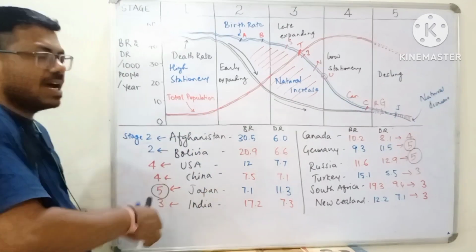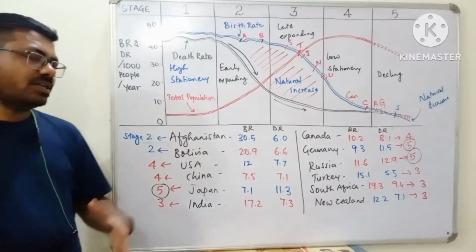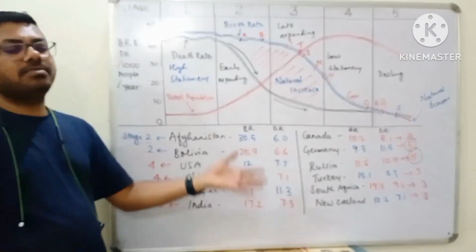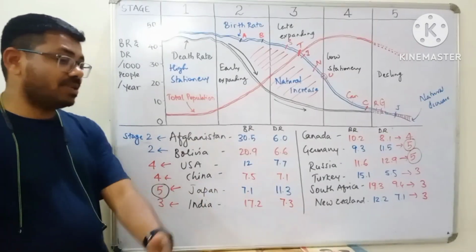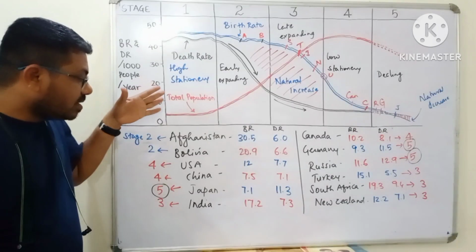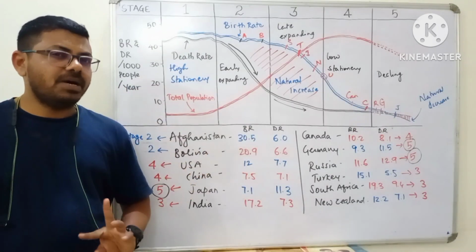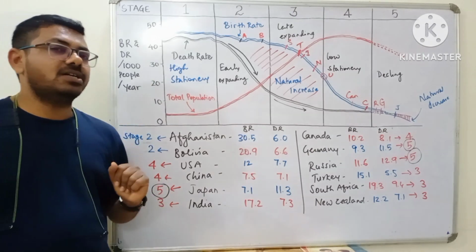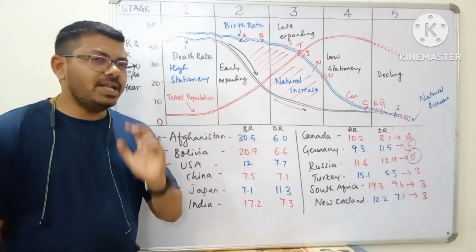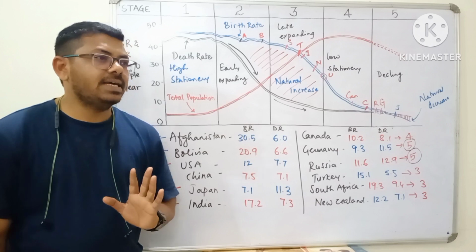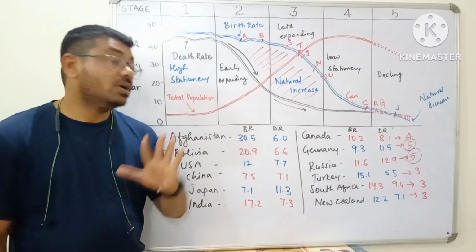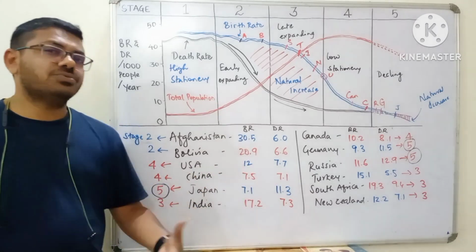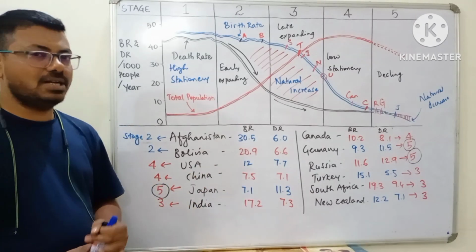So this is how the demographic transition model can be studied, right? I have a lot of data, but I can't present all of it over here. But this way, by looking at birth rate and death rate, we can identify which demographic transition stage a country would be in, and depending on that we can easily analyze it. Policymakers also, I think, go this way, that they need to think about all these parameters, right?